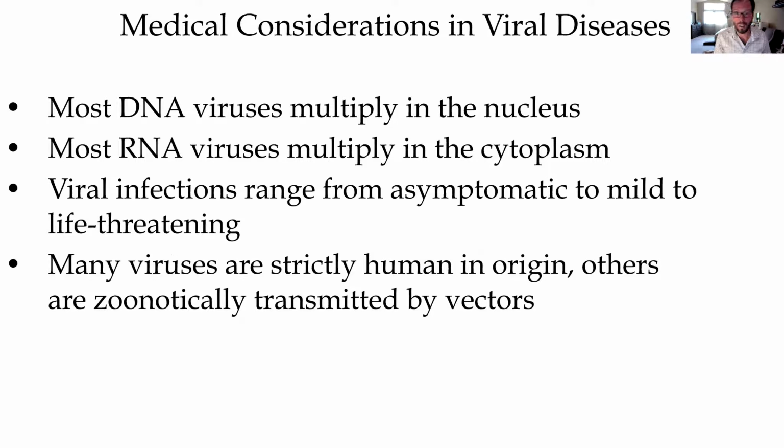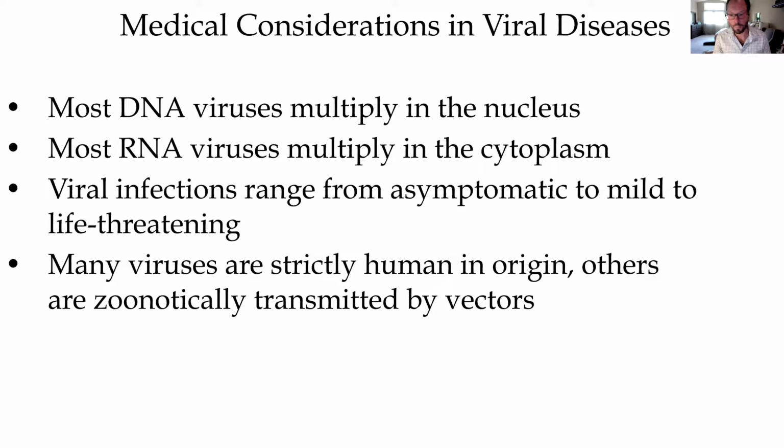SARS-CoV-2 can be mild in some patients, can be asymptomatic in other patients, and can unfortunately kill other patients, okay? So it really just depends. It's not the type of virus that manifests in these different ways. It's a single type of virus, and it just depends on the patient who has the misfortune of coming into contact with it.